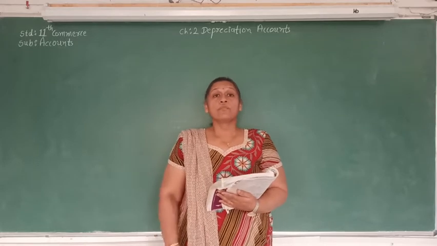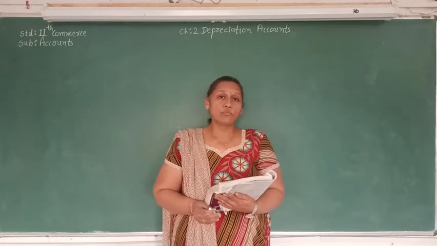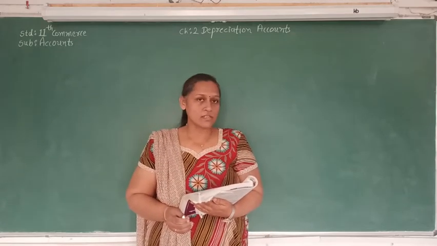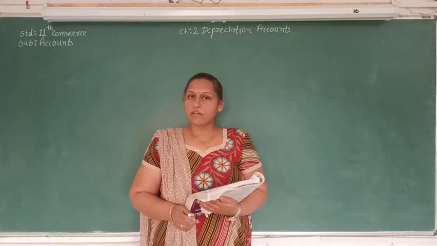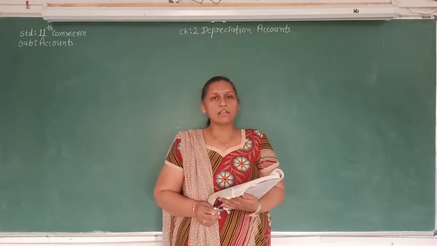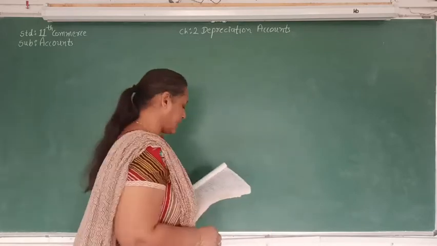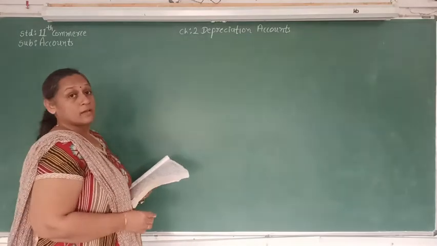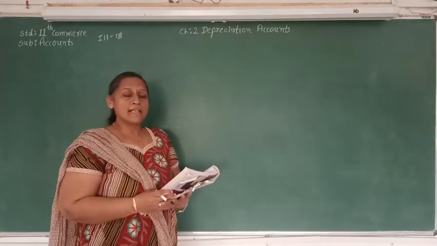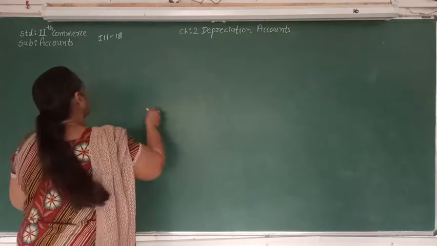So here we are going to sell the machine within 6 months, but before that we have to find out the cost price of the machine. Here the balance of the machine account is given, and as we have to calculate depreciation under straight line method, the very first thing is to find out the cost of the machine. As we know that here it is 10% every year, straight line method, let's assume that the cost price of the machine is 100.